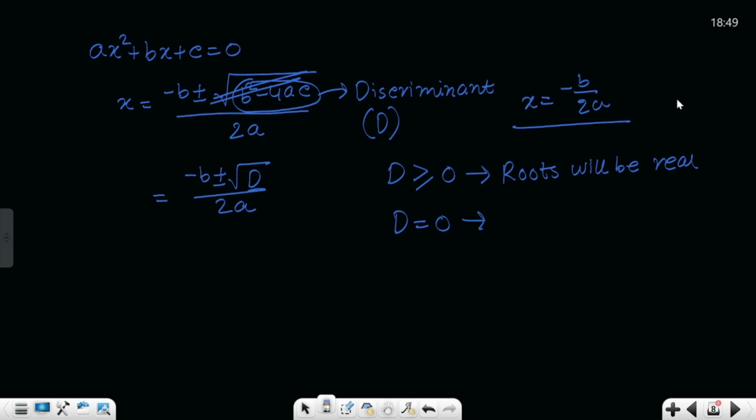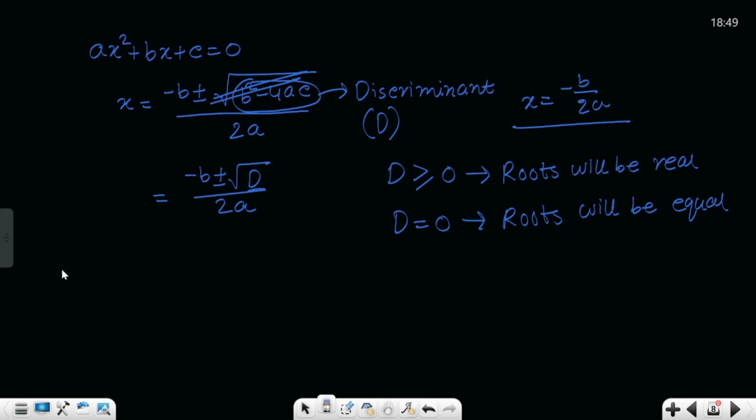How many solutions are we getting? We are still getting two solutions, but the solutions are equal to each other. So if d is equal to 0, roots will be equal.